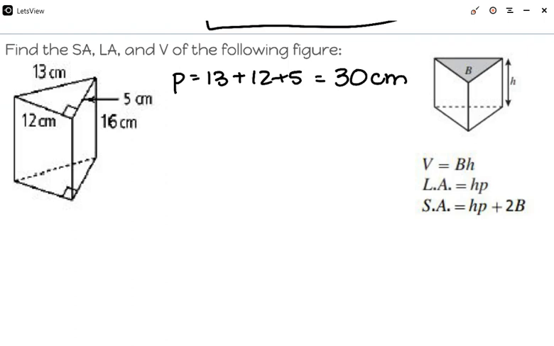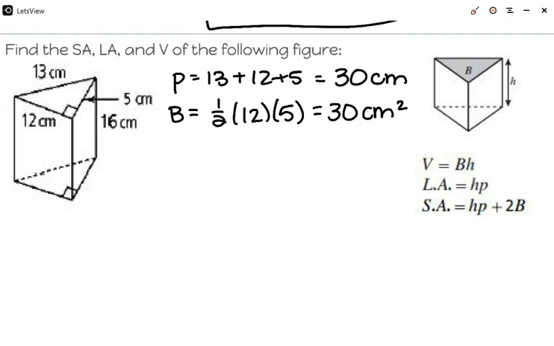For the area of our base, remember from that last video, it's 1/2. The little base of our triangle is 12, and our height is 5. The reason I knew the 12 was our base and the 5 was our height is they have to be perpendicular. 1/2 times 12 times 5 gives us 30, and remember our units for area are always squared.